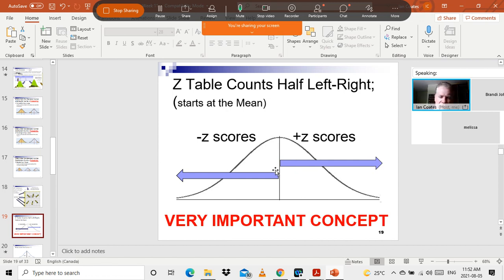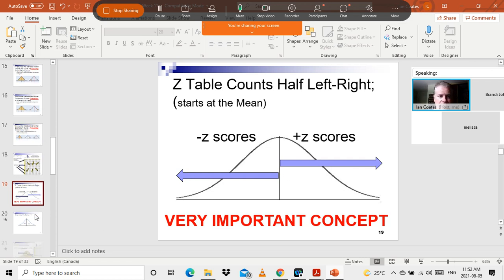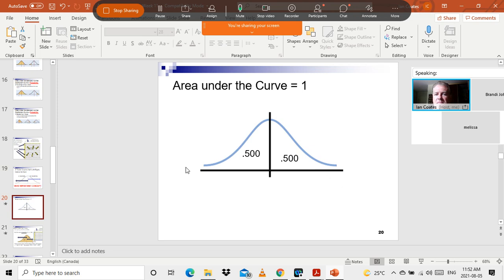If I want to find a probability on this side, this is how it measures out. And it probably doesn't mean a hill of beans here until I show you how it works, okay? But I will refer back to this slide again and again throughout today. Please remember that this is how the banana works, okay? Total area under the curve is 1, or 100%. This whole side here is 50%, 0.5. This whole side here is 50%, 0.5.